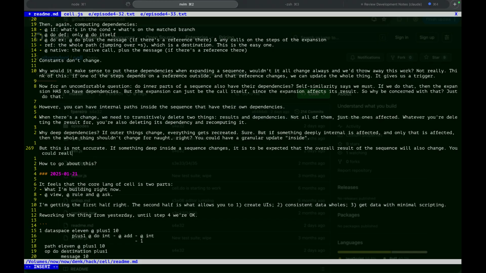You could really think of one call as a unit of recomputation, not just computation. If something inside changes, everything changes.